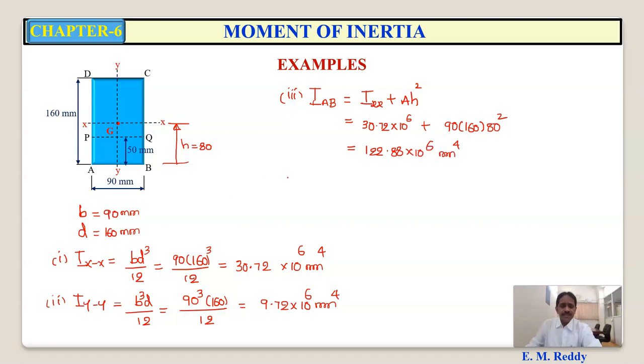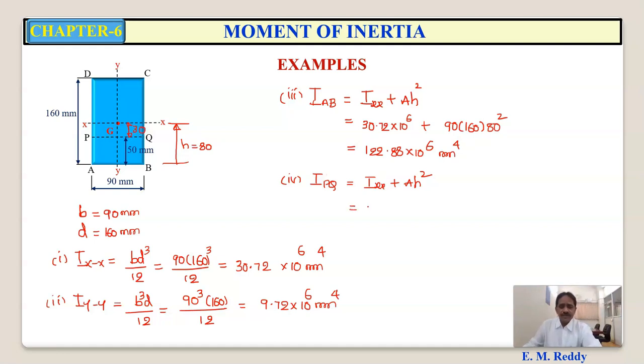Then the fourth part, that is moment of inertia about the line PQ. Again, this line PQ is parallel to the x-axis, so you can use the parallel axis theorem. It is moment of inertia about the centroidal axis plus A h square. But here, what is h? H is the distance between these two parallel axes, so that is 80 minus 50, that will be 30. Am I right?